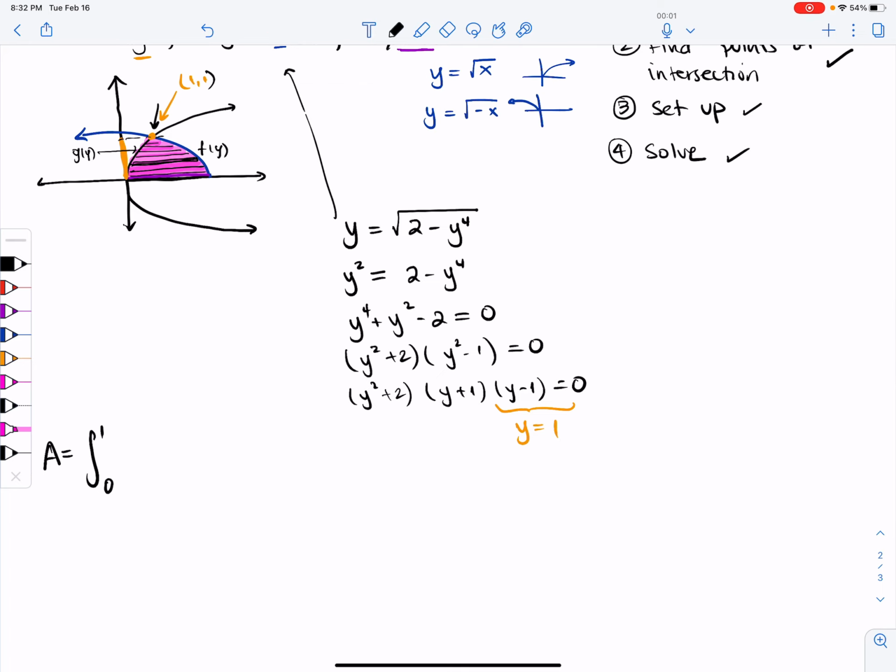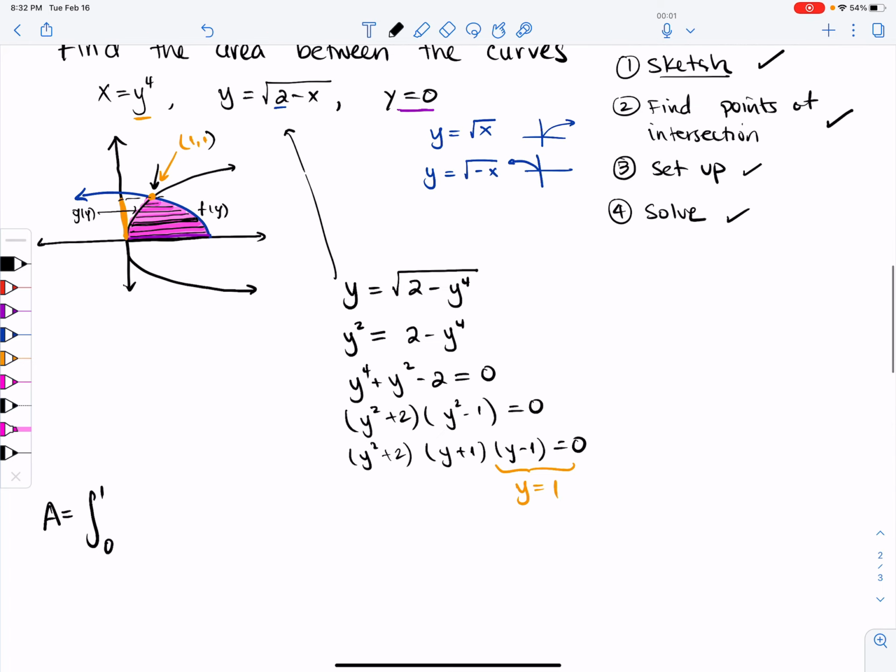So what is your f of y? The f of y is equal to this right here. Y is equal to the square root of 2 minus x. But rather than writing it with respect to x, we need to write it with respect to y. So we have y squared is equal to 2 minus x, or we can say that x is equal to 2 minus y squared.